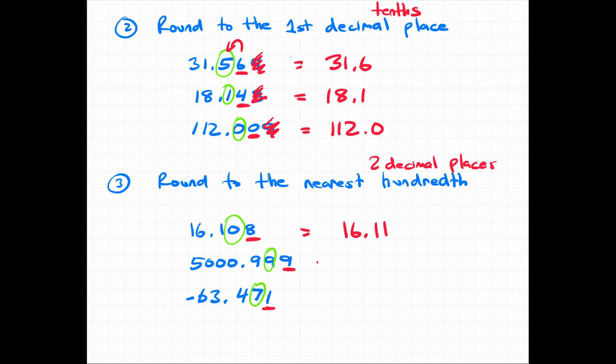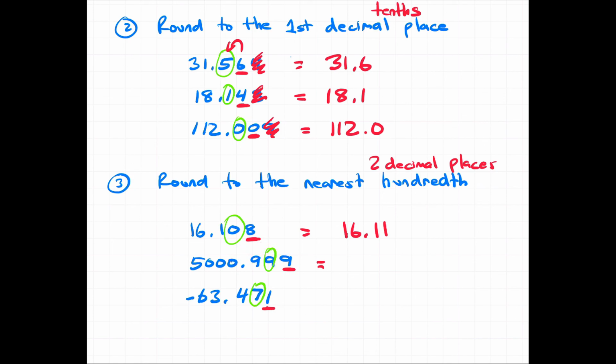16.11. Now this next one is a little bit tricky because the 9 tells me that that 9 to the left of it is going to go up by 1. So it's going to become 10, but you can't put a 10 in this column. So it's going to bump the other one up, which is going to become 10, which will bump the other one up. So it actually ends up sort of, this one bumps up that one, which bumps up that one, which bumps up that one.